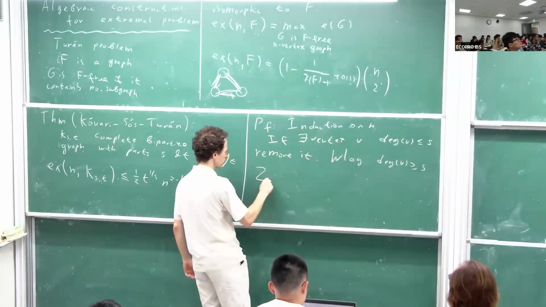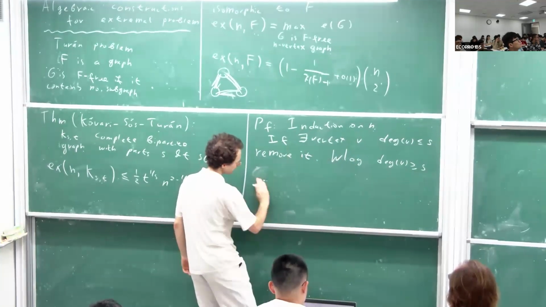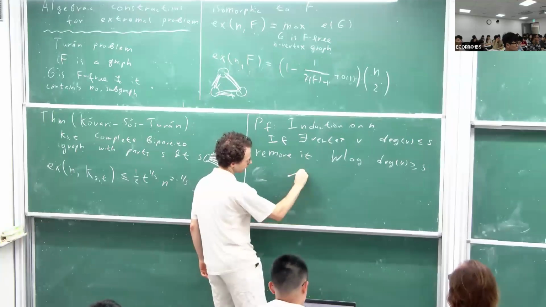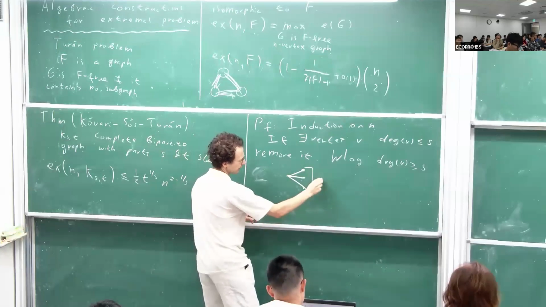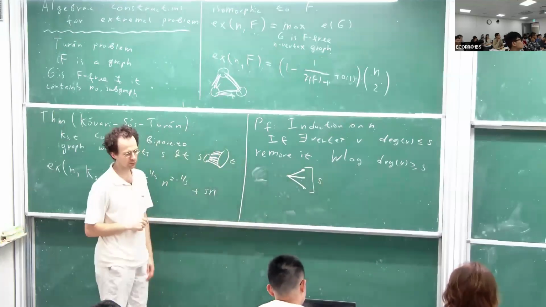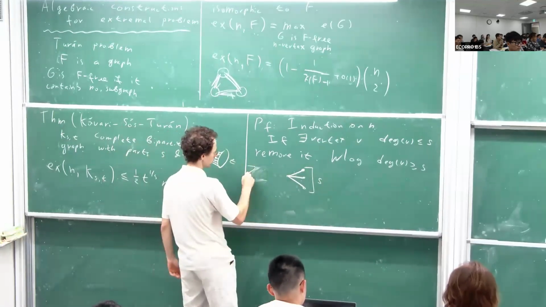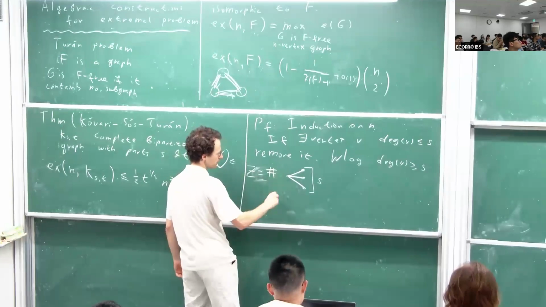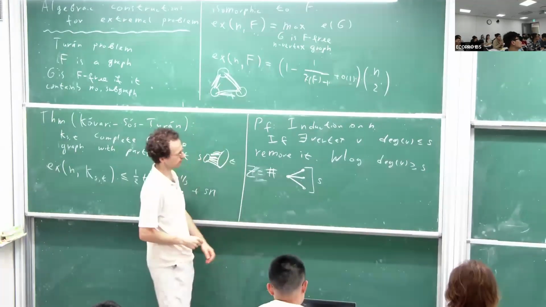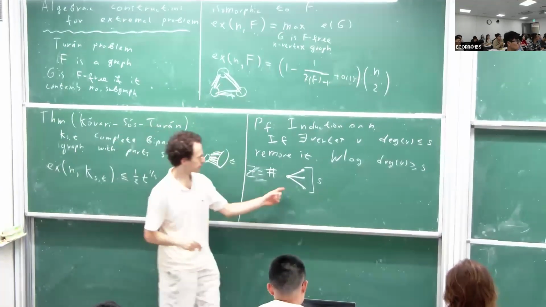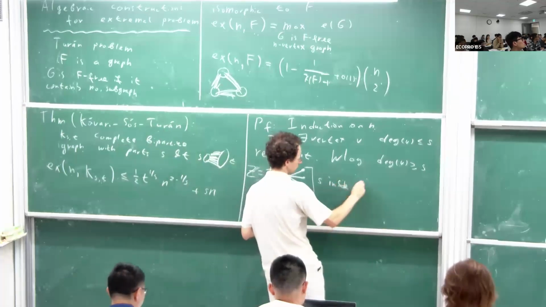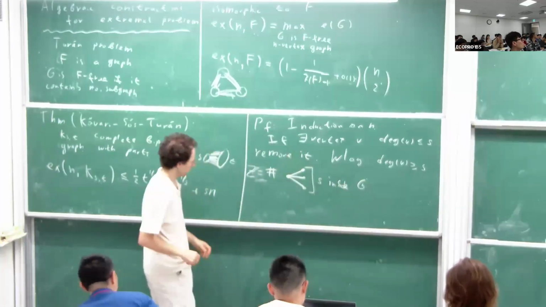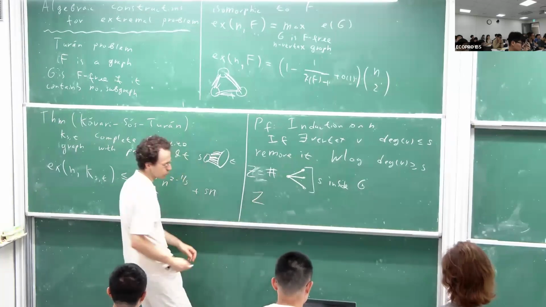Then we are going to count the following configurations. They consist of a center vertex and s neighbors. So let's say Z is the number of such graphs inside G. And we can count them in 2 ways.